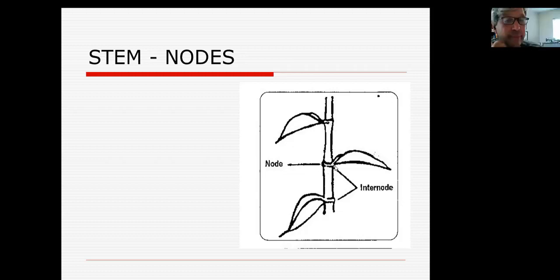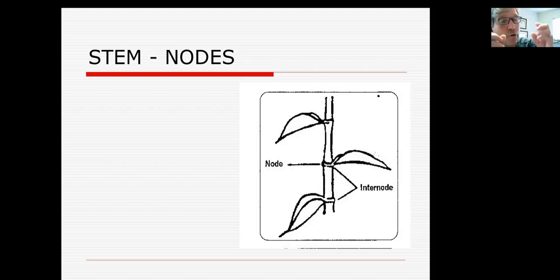This looks to me like a monocot, and the reason why, if you look here, it looks like it wrapped around the stem right there. It's not a perfect drawing, but to me, it has this little node, like kind of segments, like bamboo. Bamboo has segments on it. Bamboo is a monocot.